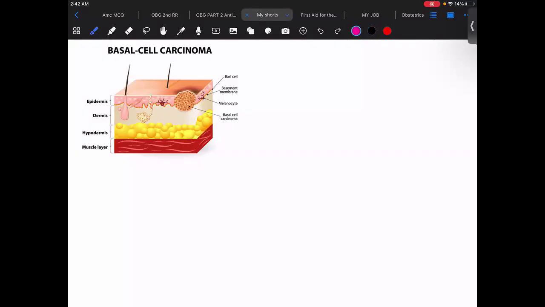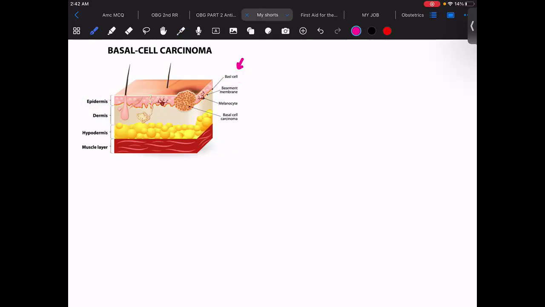And let me start with the basal cell carcinoma. As you can see here, basal cells are part of the epidermis. They are deep down in the epidermis.